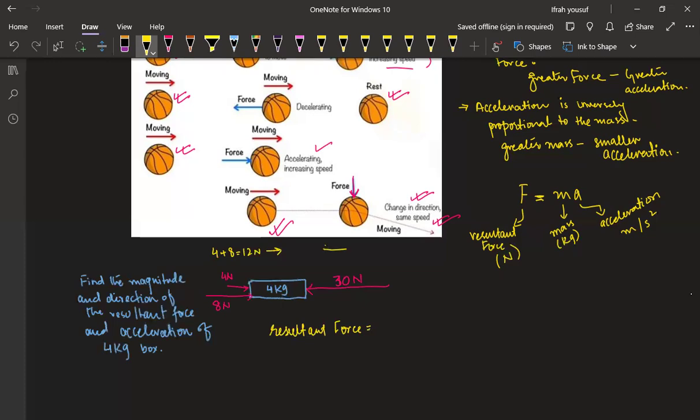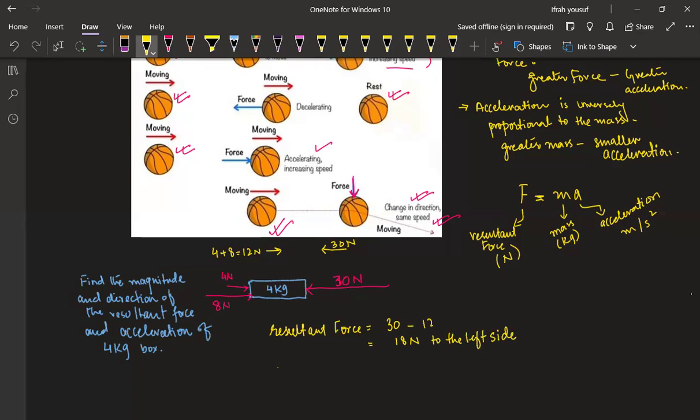And there's a force of 30 acting the other way, so we subtract the smaller from the greater. 30 minus 12 is 18, and it is 18 to the left side.